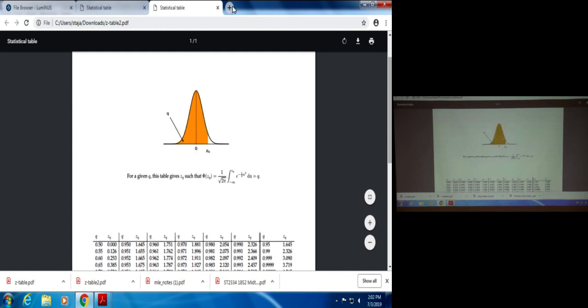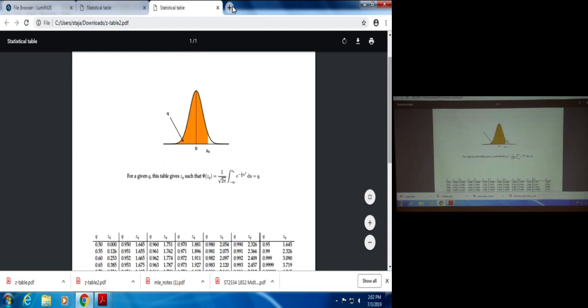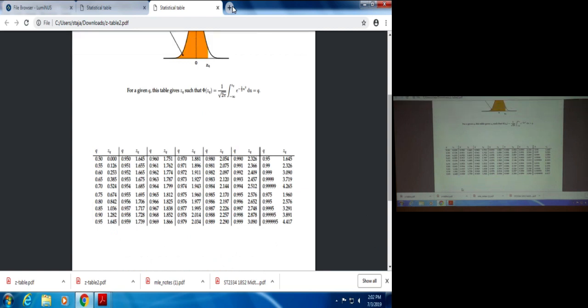And if I'm interested in a very big probability, let's say 0.95, then this value on the x-axis would be 1.645, and so on and so forth. So this is how you read these Gaussian tables.